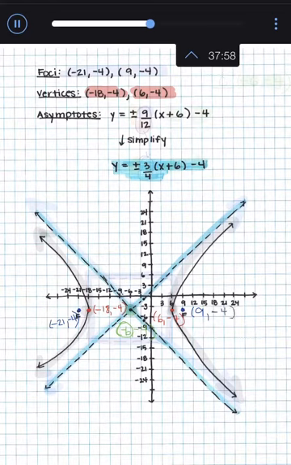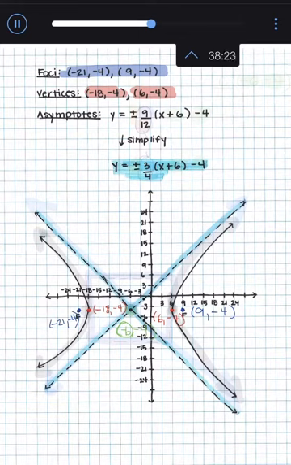So all we did to find those foci at negative 21, negative 4, and 9, negative 4, was adding and subtracting that c of 15 to the vertex, which was at negative 6 on the x-axis and negative 4 on the y. So again, the y's don't change because we're moving left and right because x was our major axis.